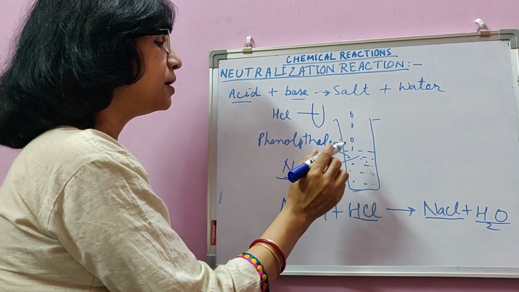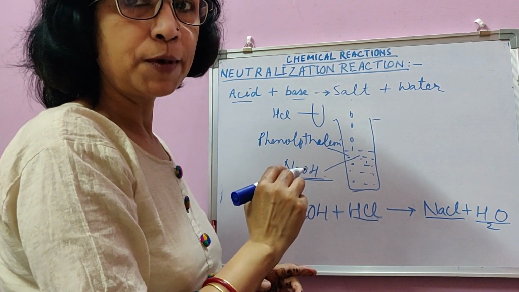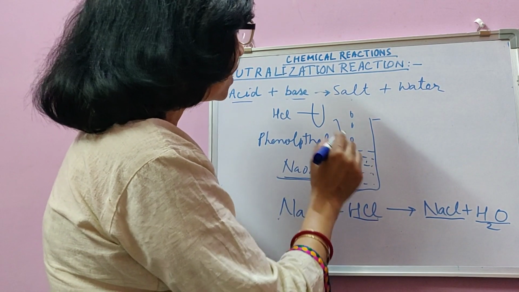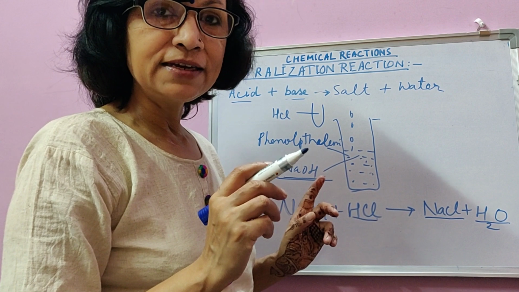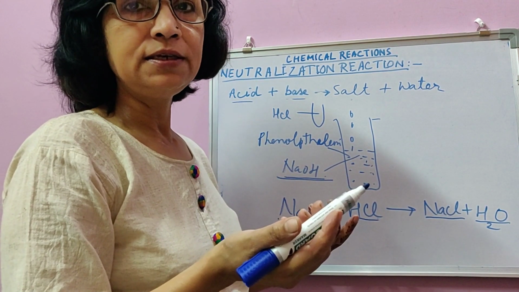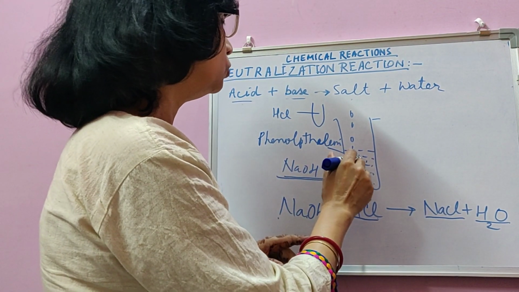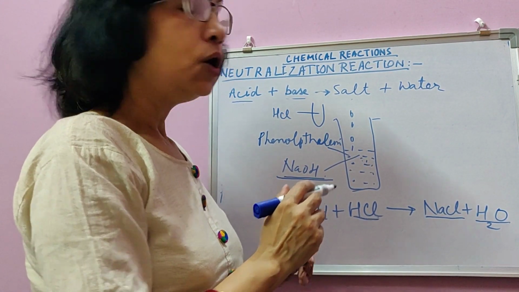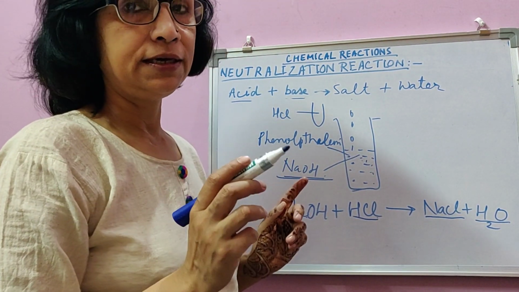So when we add a little more, every time the pink color turns to white for a second and then it comes back again. But when the entire NaOH is neutralized by pouring again and again, then a stage comes when the solution will turn colorless and will not turn pink again, because now the solution is either neutral or some excess of acid can be there, then it can be acidic.